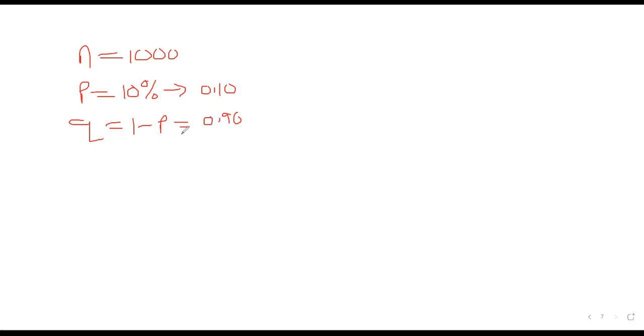So after finding that, there's what we call the mean. The mean is simply NP. Just multiply your N, which is 1000, times the probability or proportion, 10%, to get 100. So this is called your mean or expected value. Then we have what we call the variance, simply NPQ.